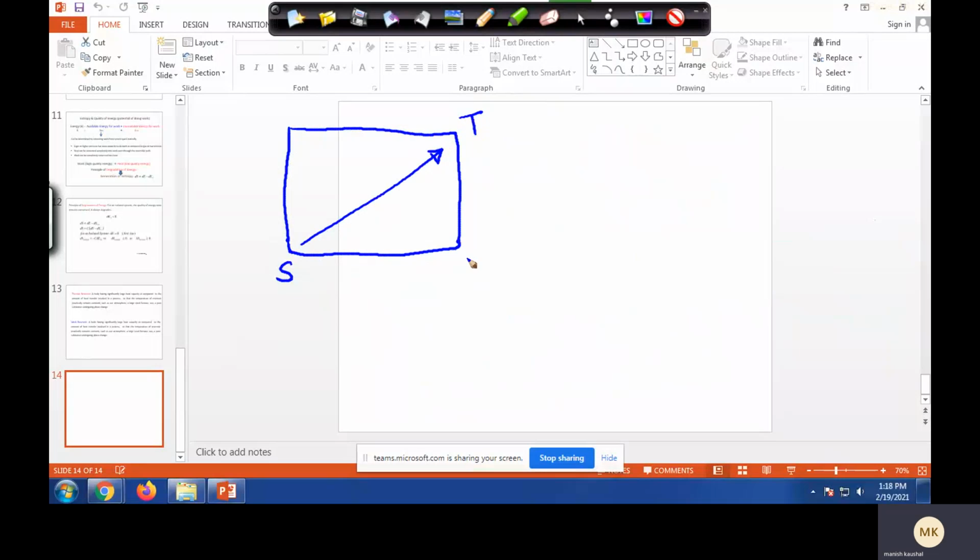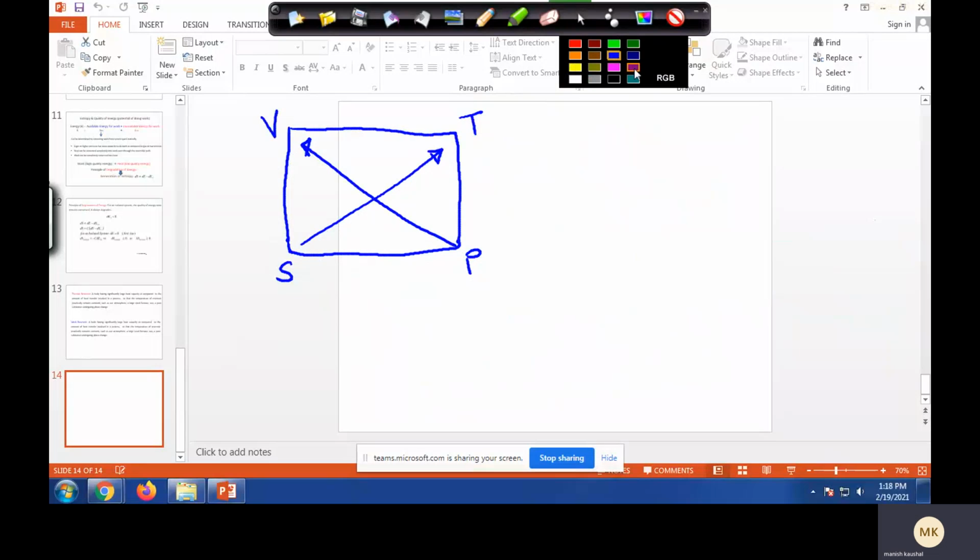S goes to T and put P here, P goes to V. I remember it as SPTV, always starting from the left bottom corner. Now you see how easy it is to write.